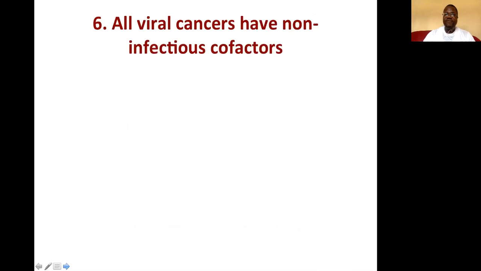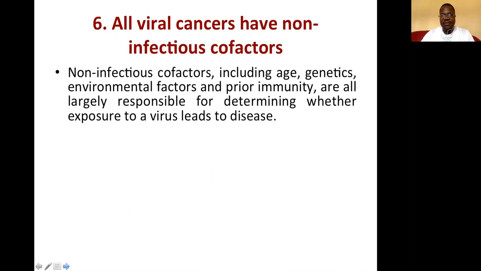Fact number 6: all those viral cancers have non-infectious cofactors. It means that they don't cause cancer by themselves. They need to be associated with other cofactors, other reasons that help them to develop cancers. So non-infectious cofactors include mainly age. We spoke about advanced age.